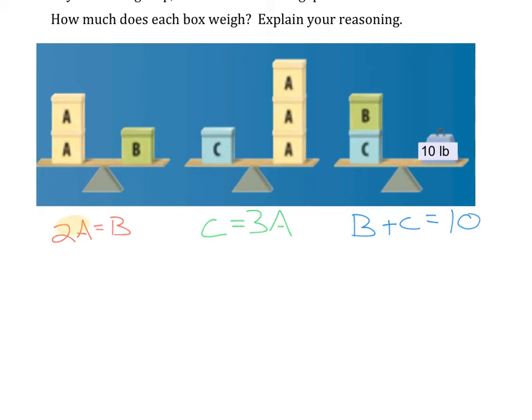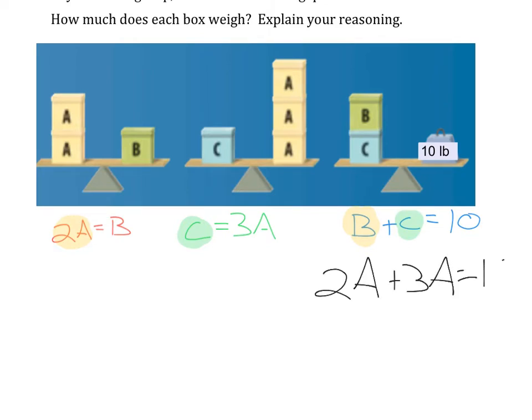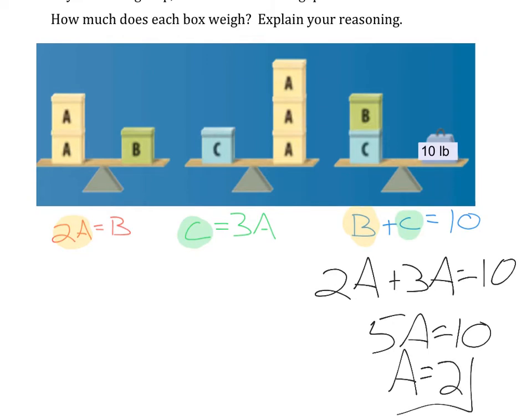So I know that B is equal to 2A, so in place of B, I can throw in 2A. And I know that C is equal to 3A, so in place of C, I can throw in a 3A. So when we do that, I'll write under here, we're going to have 2A plus 3A, and that's going to equal 10, so 5A equals 10. Therefore, A is 2. Cool.